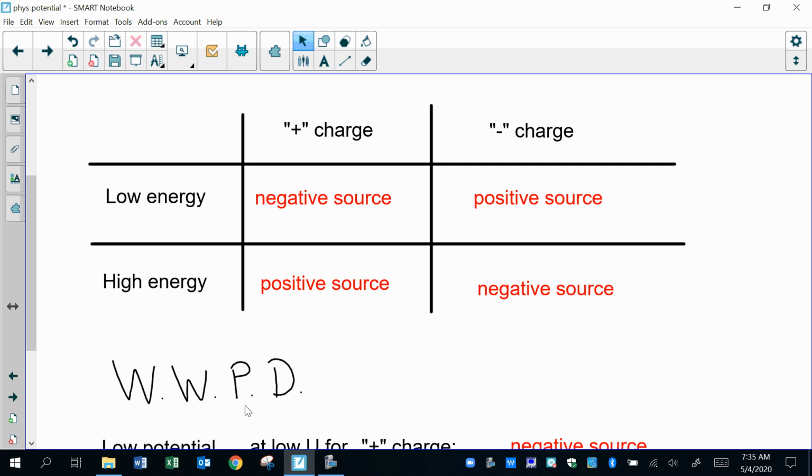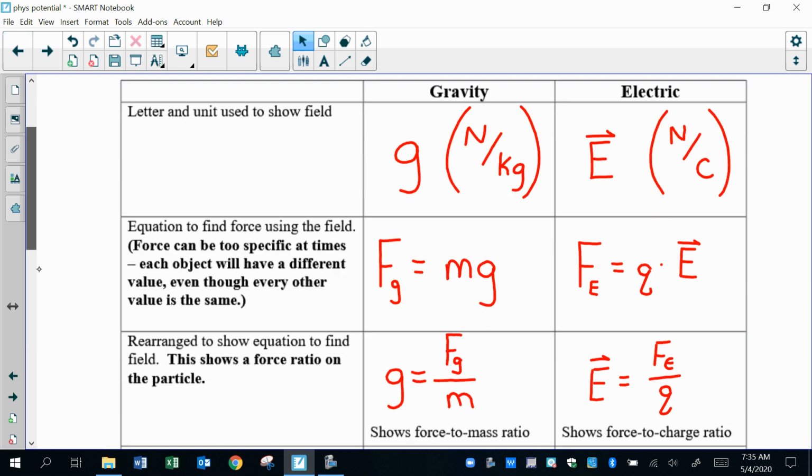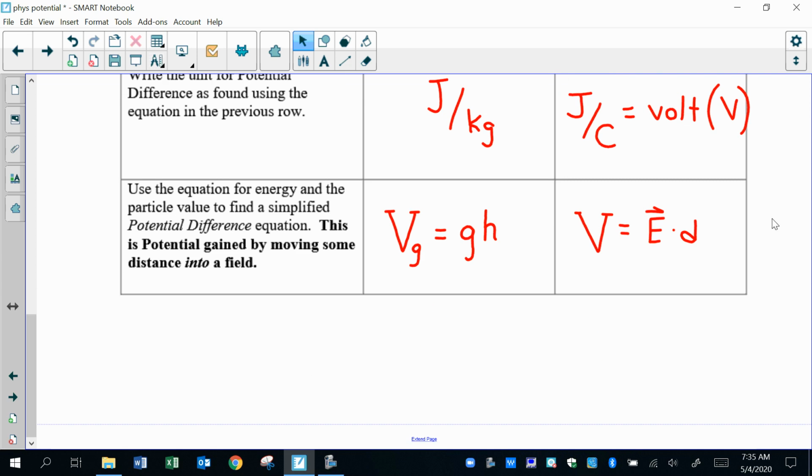Now, because our rules are based on what a positive would do, potential, since potential doesn't depend on the actual particle itself, it doesn't matter if I have positive or negative. I could have no particle at all, because here's my equation. I can say, what's the potential at this location here? At this location here? And what's the difference? I don't need a charge.